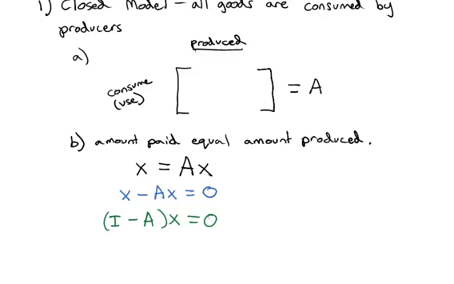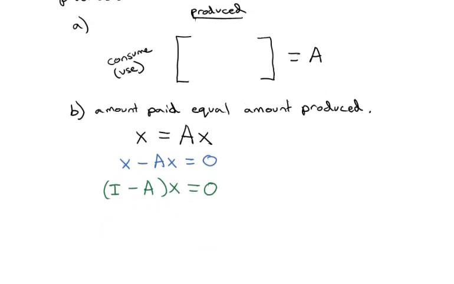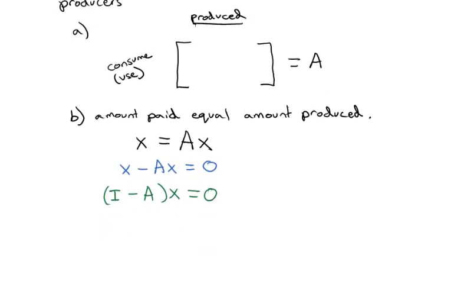So the way we're going to find out how much everybody should be paid is we're going to look at this matrix: I minus A times x has to equal 0. It's going to set up a system of equations for us that will have an infinite number of solutions.